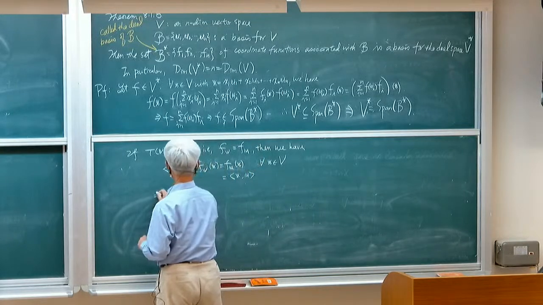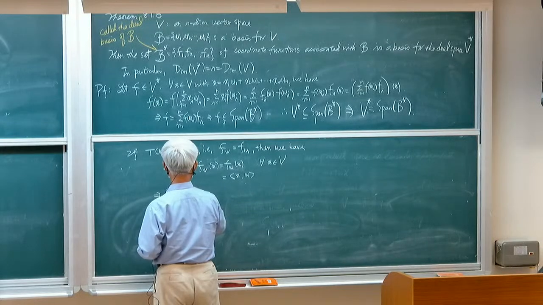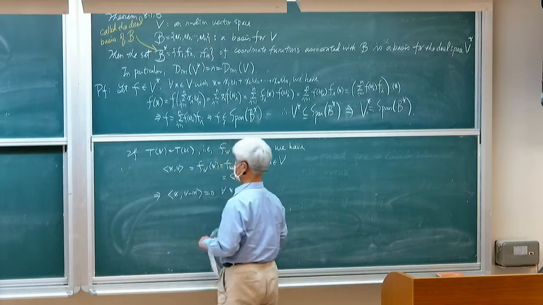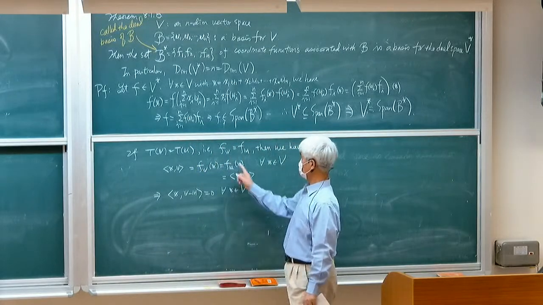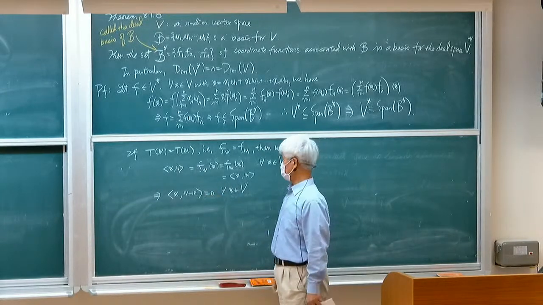So this implies that the inner product of x with v minus u is 0 for all x in V. So when you move to the left-hand side, you get this one.